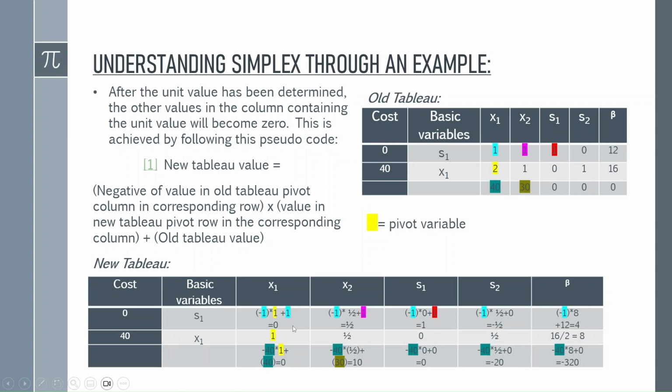This is the row operation that we perform over the entire row to make the values corresponding to the pivot column 0. But we are dissecting the row operation at a level where it can be applied to each element of the table.